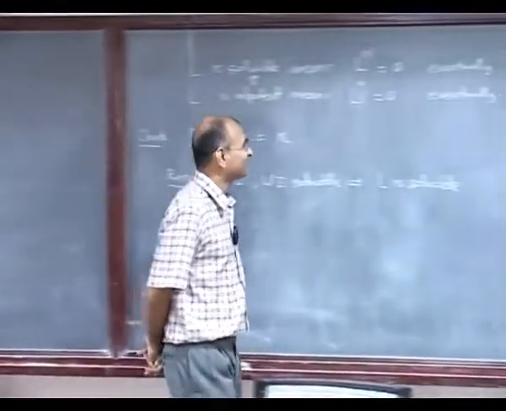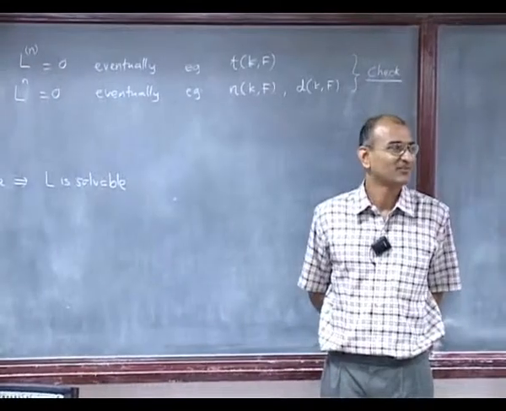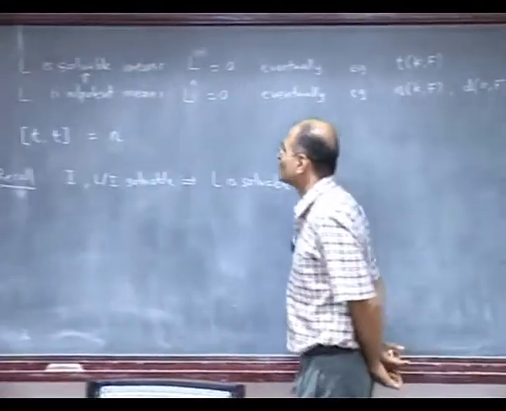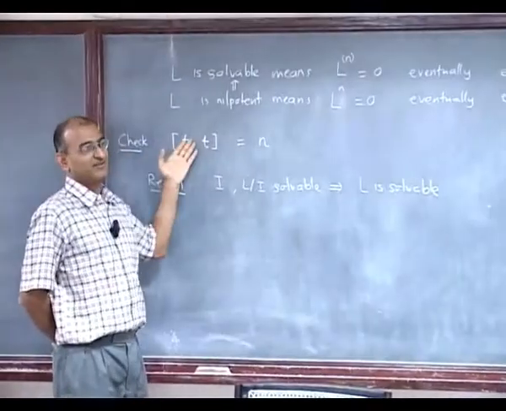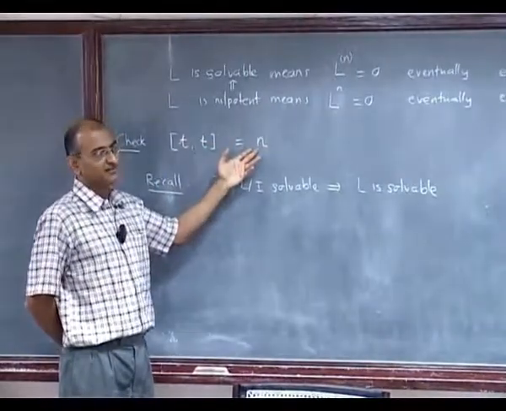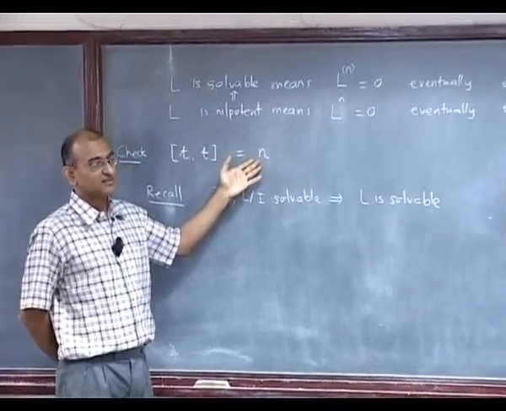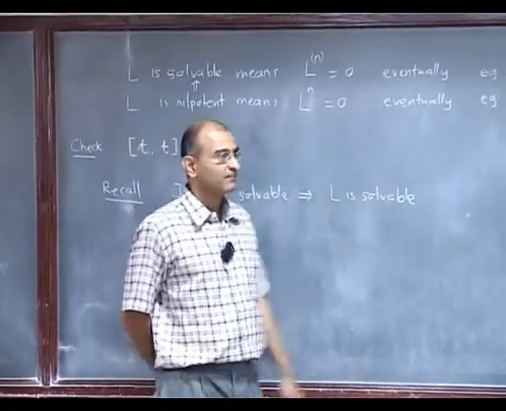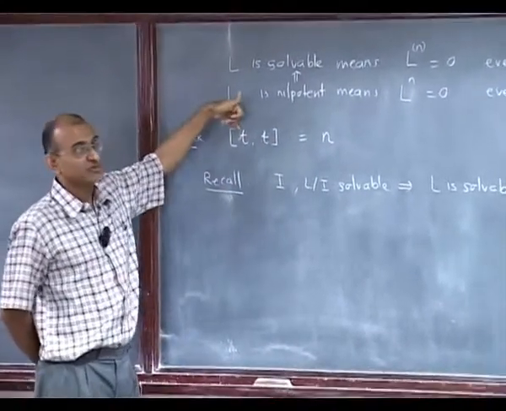Well, I mean, something is written right there, so see, this is an ideal here, right? Because it's the bracket of these two, this is an ideal. When you go modulo this, you are going to get the diagonal ones, and both of those are nilpotent, but it's a check that T is not going to be nilpotent.